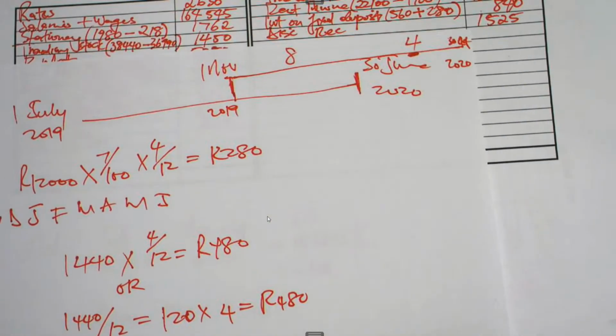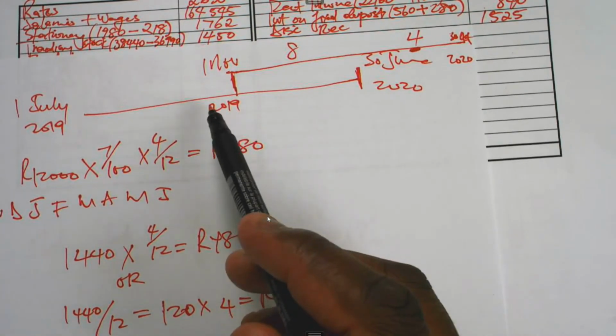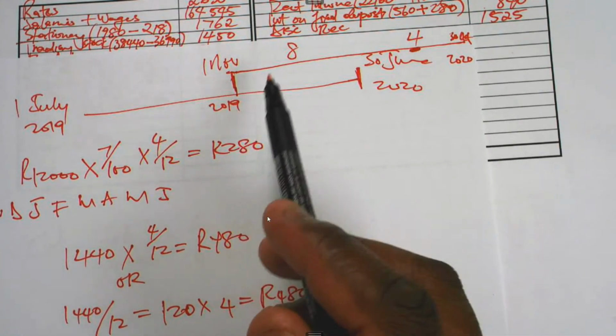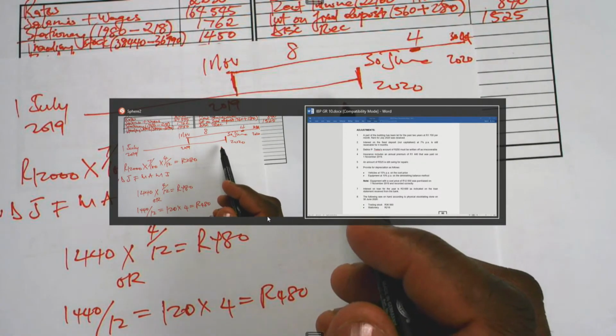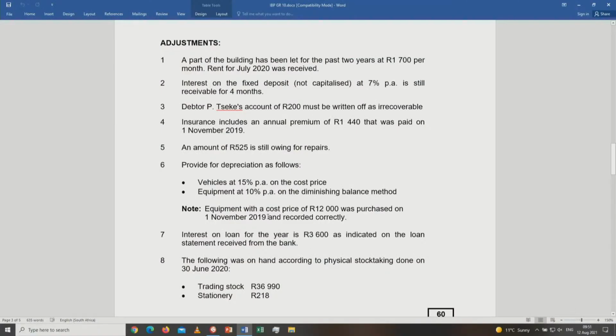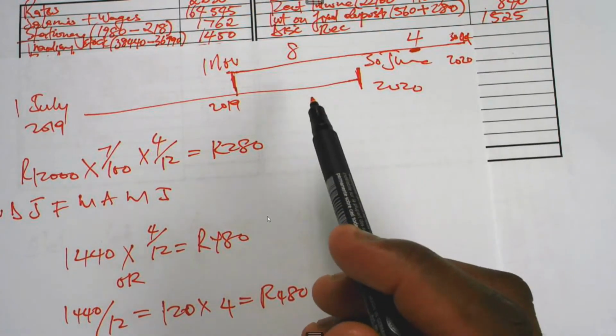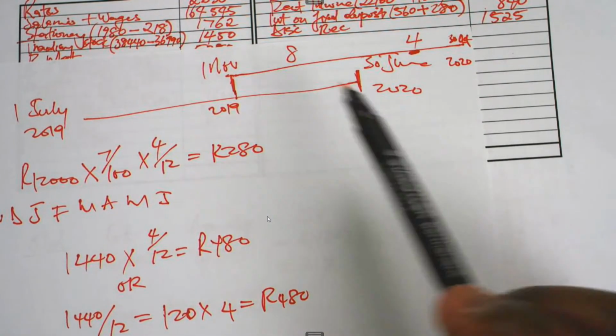From 1 November. Here is our timeline. From 1 November up until 30 June 2020. Right. So we had it for 8 months.